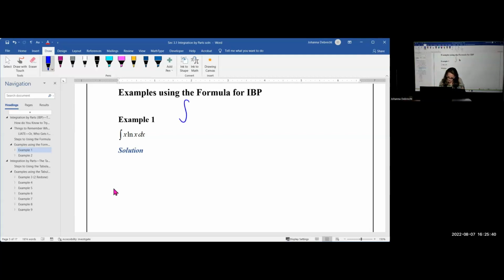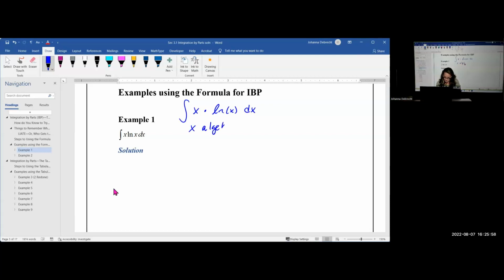So what we have is the integral of x times the natural log of x dx. Now, we have two fundamentally different types of functions. X is algebraic. So we want to write that down.